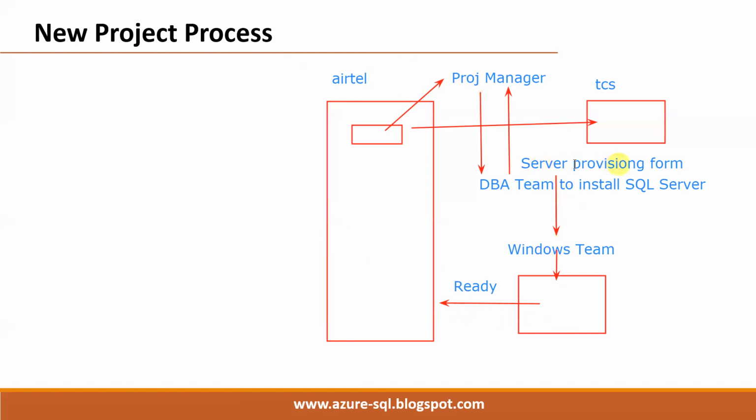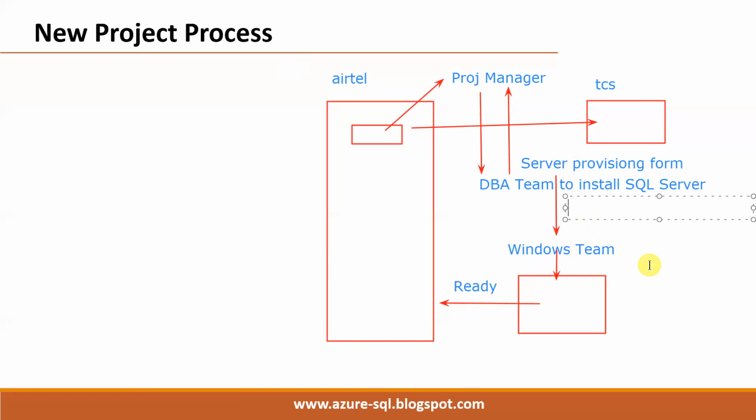Understood, right? By taking the project form from the project manager, we'll analyze it, then we'll submit the request to the Windows team. While submitting the request, sometimes they will also send us one form to fill. I'm not going into that now, we'll see later. Initially confusion may be there.